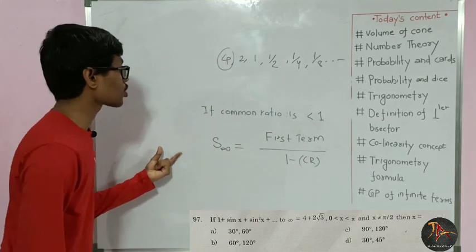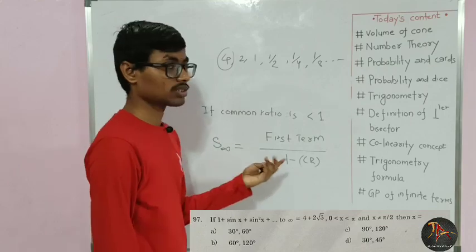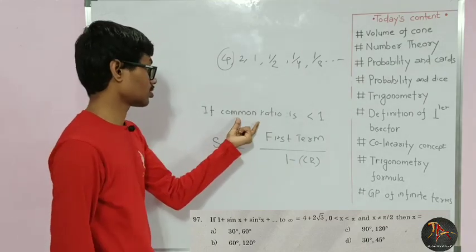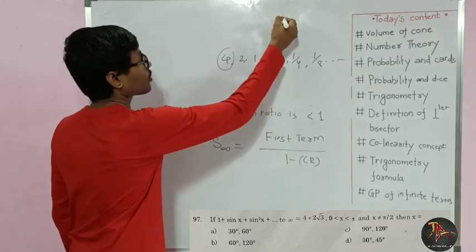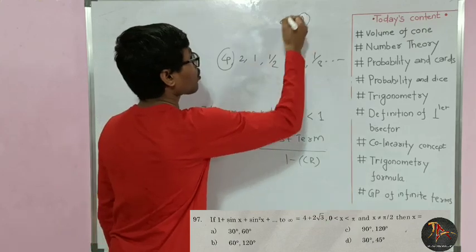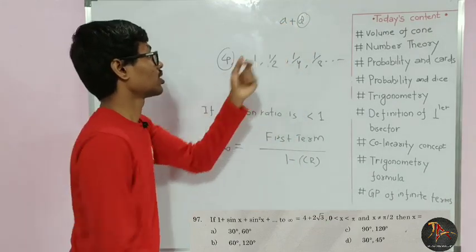In case of arithmetic progression, we say common difference. D is the common difference.